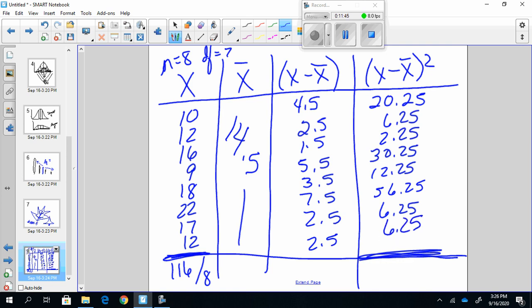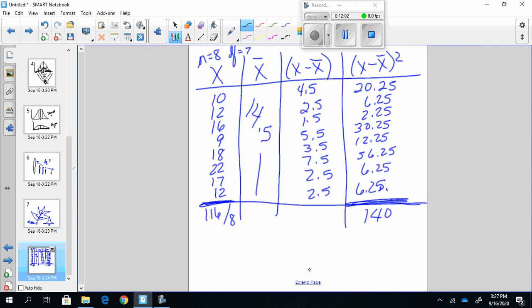Okay, and once I've done all that math, my next goal is to add all of these up. Okay, so I add all these up and I get 140. So this number is what goes on top. That's the sum of x minus x bar squared.